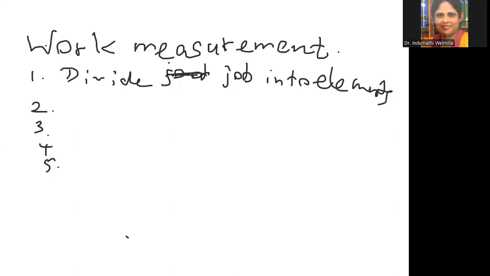So there are a lot of objectives. We have discussed the work measurement steps. I have explained the 5 main steps.